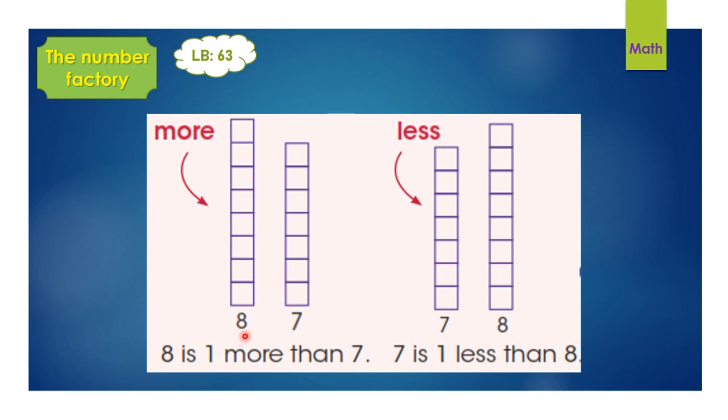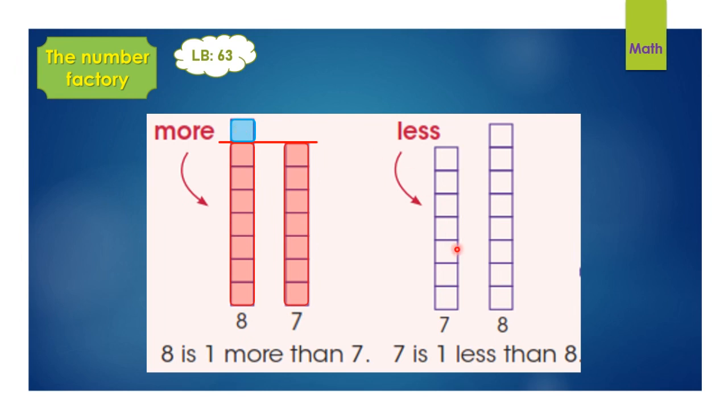Let's see how. What is the difference between 8 and 7? Both of them have the same squares, but here is the difference. The difference is starting from here. So now 8 and 7 have 7 squares, but this time 8 has 1 more than 7. It means that 8 is greater than 7 with 1 square.